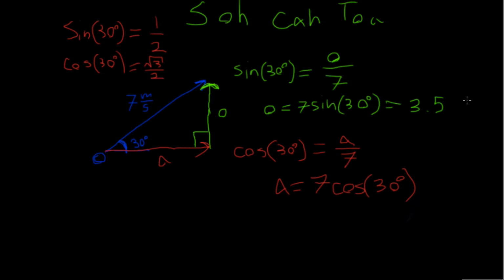That was easy. Now what units do we use? Well, we are working with meters per second, and sine has no unit. So 3.5 meters per second is the velocity, or think of it as the speed for now, that we're moving upwards. Now let's solve for the horizontal movement. Cosine of 30 is the square root of 3 over 2, so this is equal to 7 times the square root of 3 over 2.